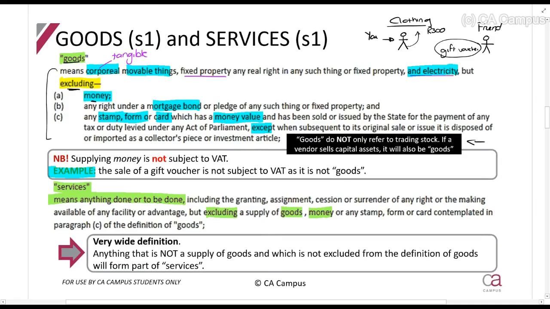You agree to have someone come and paint your house. All of those are services. I'm also going to say this includes intangible assets, because an intangible asset they basically treat as a right, something to be done. Because remember, goods only speak about corporeal things.